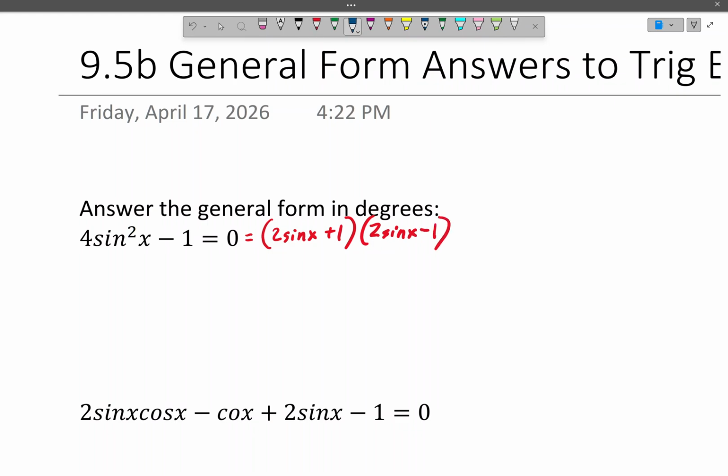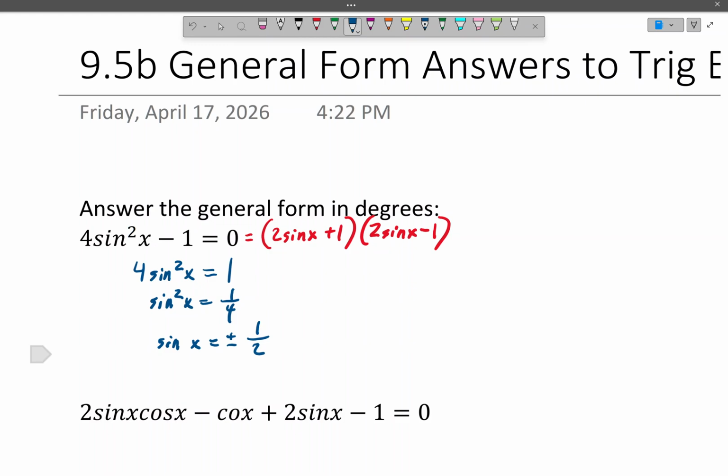The other option is to move this minus 1 across the equal sign, and you get this, and then you can put in sine squared x, and you can divide by 4, then you can square root both sides. It's plus or minus because it's square rooting a square, and so it's the square root of 1/4, which is 1/2.